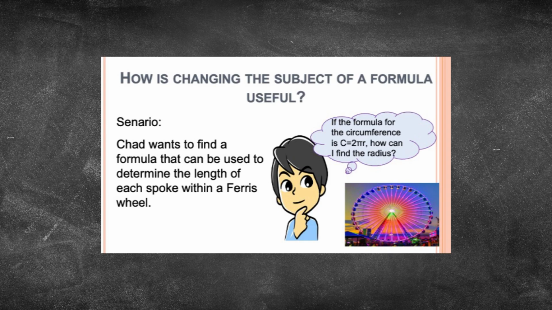If Chad knows that the formula for finding the circumference of a circle is C is equal to 2 pi r, how can this information help him to determine the length of each spoke, and that is the radius of a circle, in the Ferris wheel? We will help Chad to solve this problem as the lesson progresses.